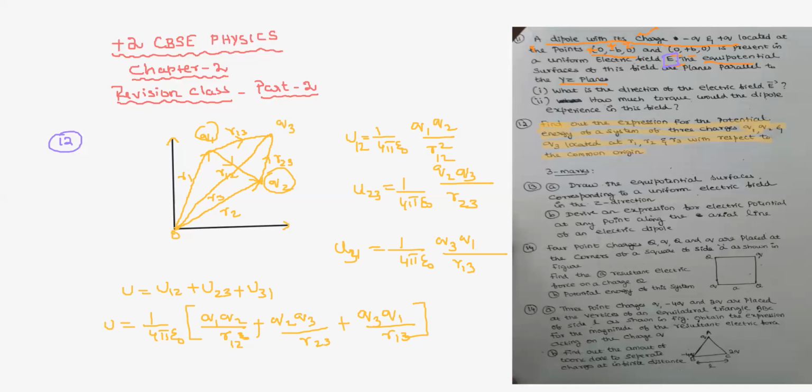Here r12 is r2 minus r1. Therefore, U is equal to 1 by 4 pi epsilon naught times q1 q2 by the magnitude of r2 minus r1, plus q2 q3 by the magnitude of r3 minus r2, plus q1 q3 by the magnitude of r3 minus r1. So this is the answer. This is the potential energy of a system of 3 charges.